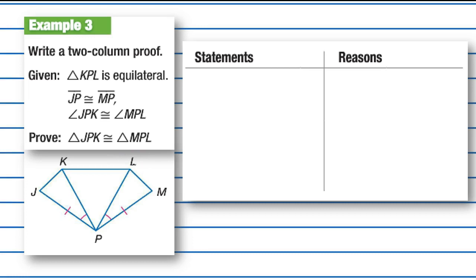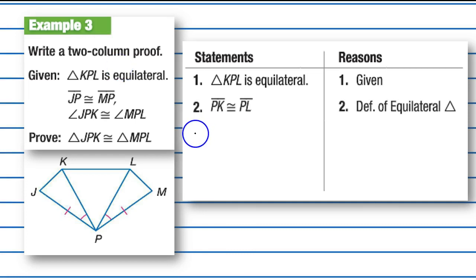So first thing we want to do is to say our given. In this case, triangle KPL is equilateral. Easy enough. Then the second thing we can say is that PK, right here, is congruent to PL, this side.